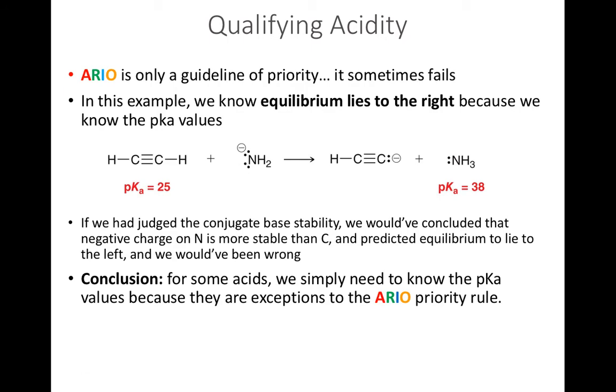Here's one other example. In this case, we know the equilibrium lies to the right because we know the pKa values, but if we were just predicting which conjugate base is more stable, either the NH2 or the lone pair here on the acetylene, we would have predicted due to atom type that the nitrogen conjugate base should be more stable than having the lone pair on here.